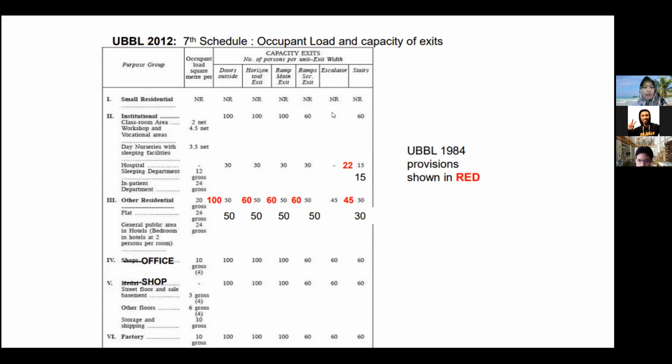Sometimes they say not required, it means it's not applicable. If you are providing an escalator, they don't put the minimum or maximum number of people that can use the escalator, anybody. So there are no numbers. But for the staircase, they say here it is 60. Betul, 60 students, 60 people is estimated to use per staircase. Okay.